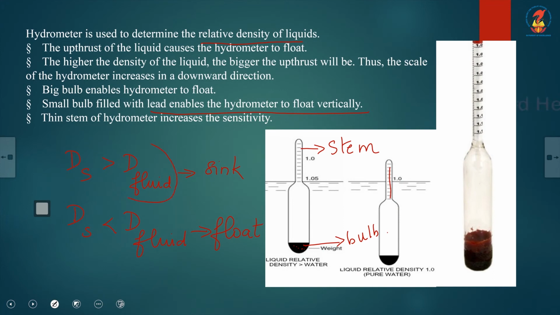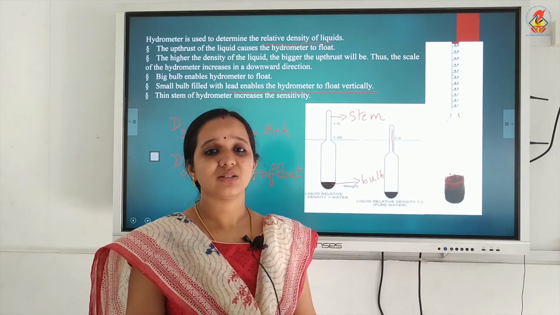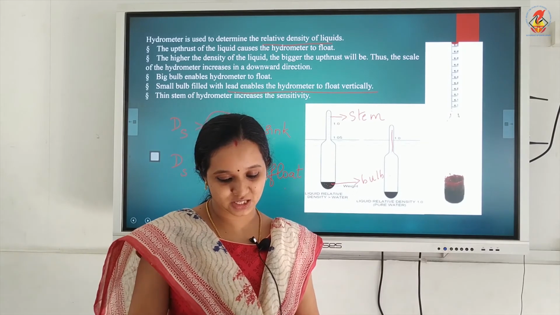Depending upon the density of the fluid, the hydrometer either sinks or floats, and it will show us a reading, which corresponds to the relative density of fluids.